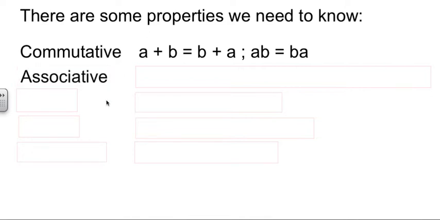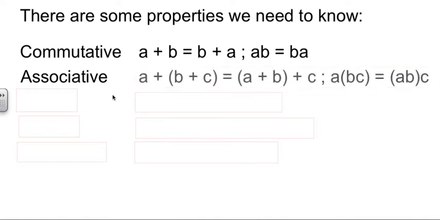The associative property, associative is like associate, which means to group. So it says you can change the grouping. If I'm adding a bunch of numbers together, I can add B and C together first, and then add that to A. Or I could add A and B together, and then add that to C. You've been doing this for a long time and not thinking about it.